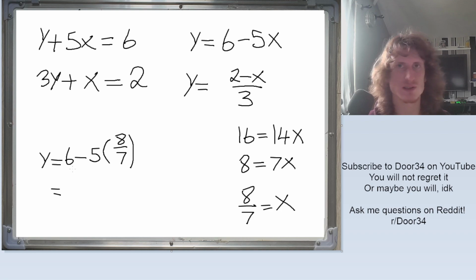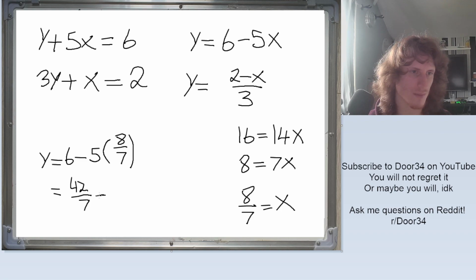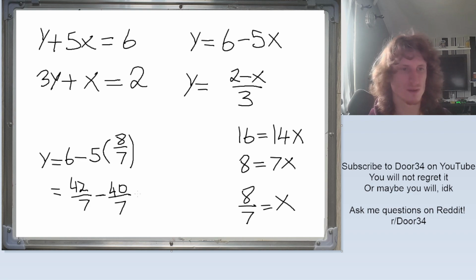I know that 6 times by 7 is 42, and then divide that by 7. We get that 42 over 7 minus 5 times by 8 is 40, and we're all over 7. So in the end, this is just going to be 2 over 7.